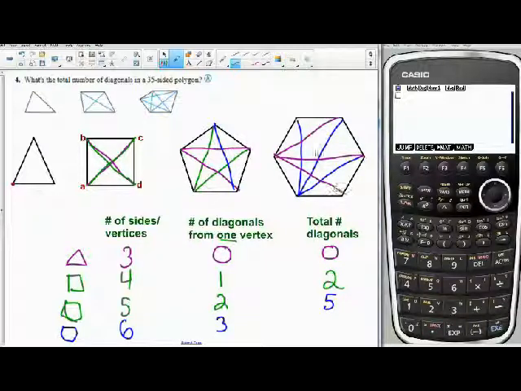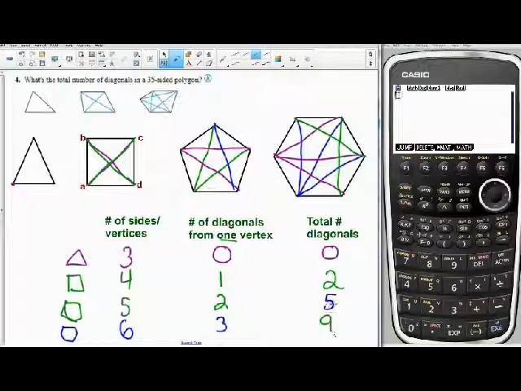I'm counting in my head this time. And this guy is being left out. I already did that one, that one, that one, that one. So what do we have? I got 1, 2, 3, 4, 5, 6. This one. There we go. 1, 2, 3, 1, 2, 3, 1, 2, 3. I should have 9 total.